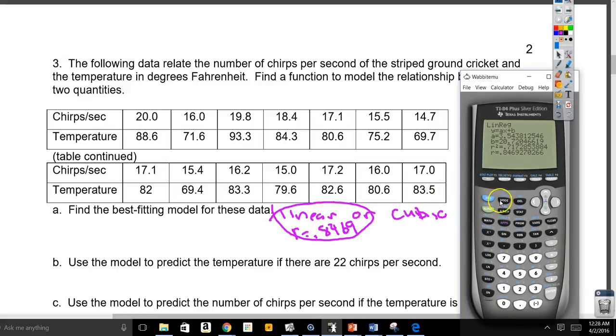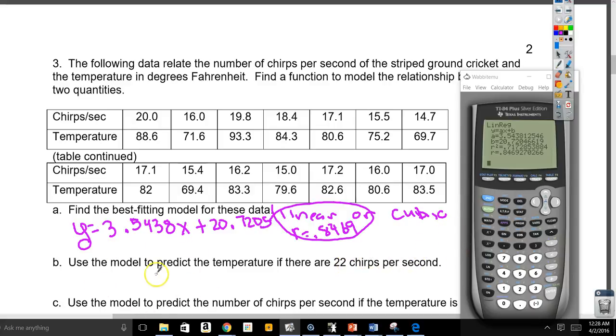So our equation is going to be our model, y equals, we'll go 4 decimal places, 3.5438x plus 20.7205. It says use the model to predict the temperature if there are 22 chirps per second.